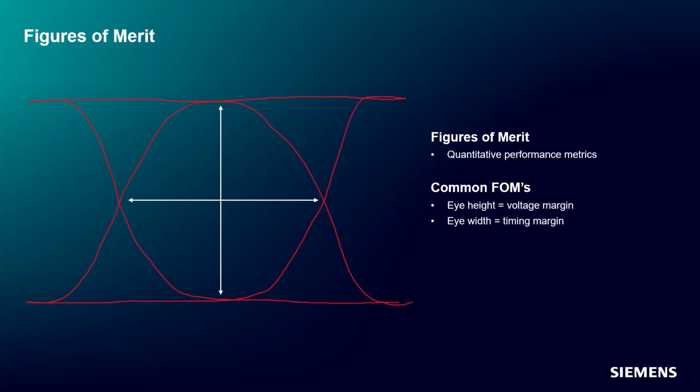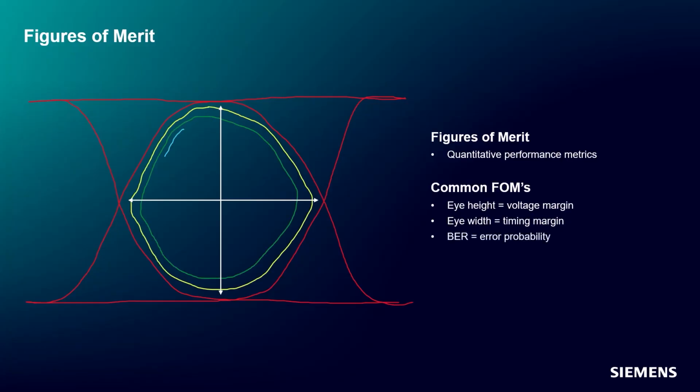Both of these are used in eye diagrams. BER is itself a figure of merit. Another metric that is used is the signal-to-noise ratio, or SNR. Each of these metrics provides a different perspective on signal quality. Together, they give a complete picture of how reliably a system can transmit data.